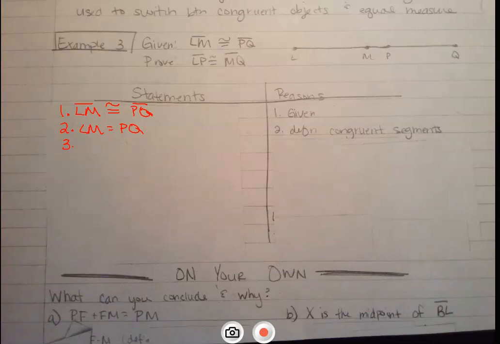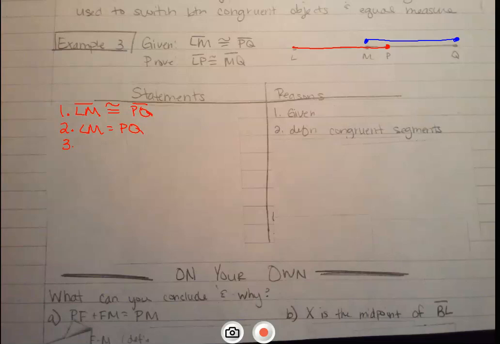So here's what we're trying to prove. We've got our sketch up there. We know LM is congruent to PQ, right? But we're trying to prove that LP is congruent to MQ.